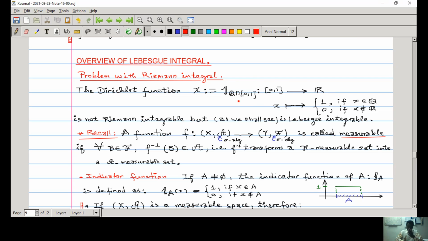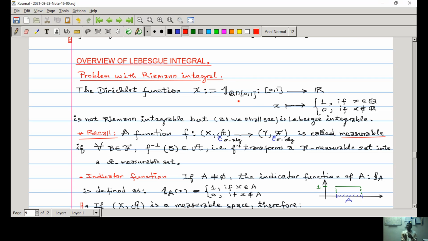Now, if you look at how this function is defined, regardless of the partition that we take of the interval [0,1], by density of Q, in any of those subintervals you have 0 and 1, because there are infinitely many rational numbers, and in between those rational numbers you have irrational numbers.